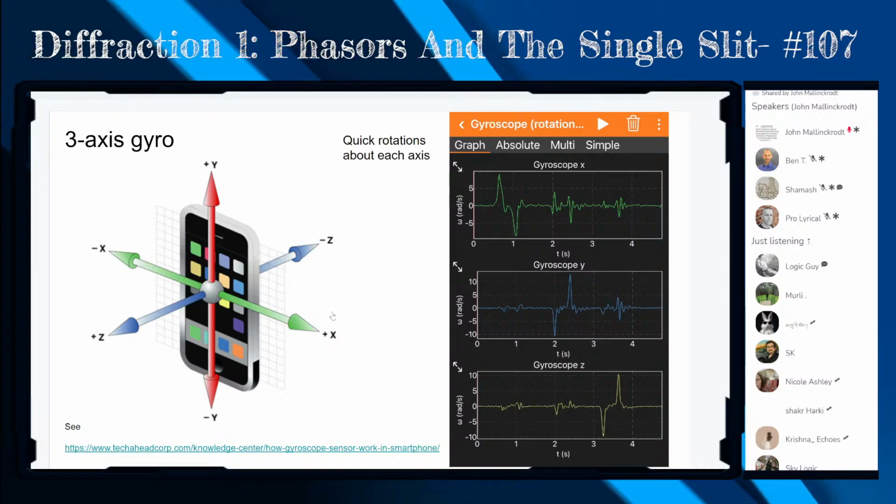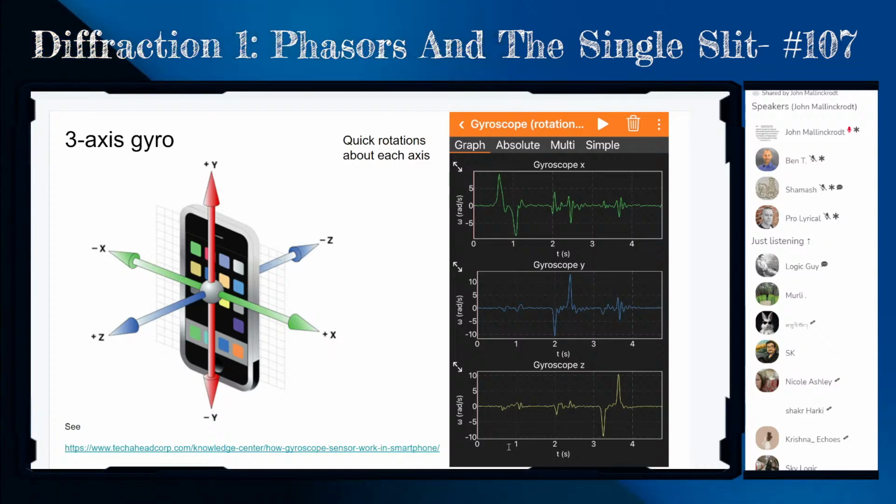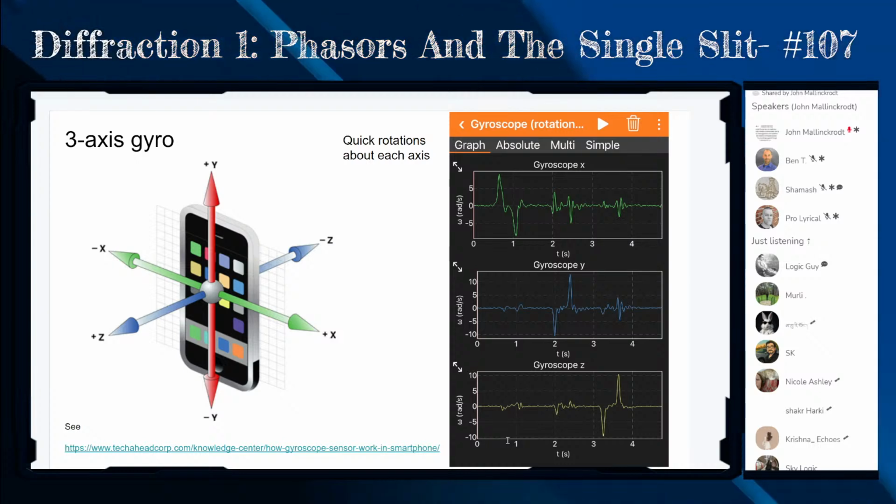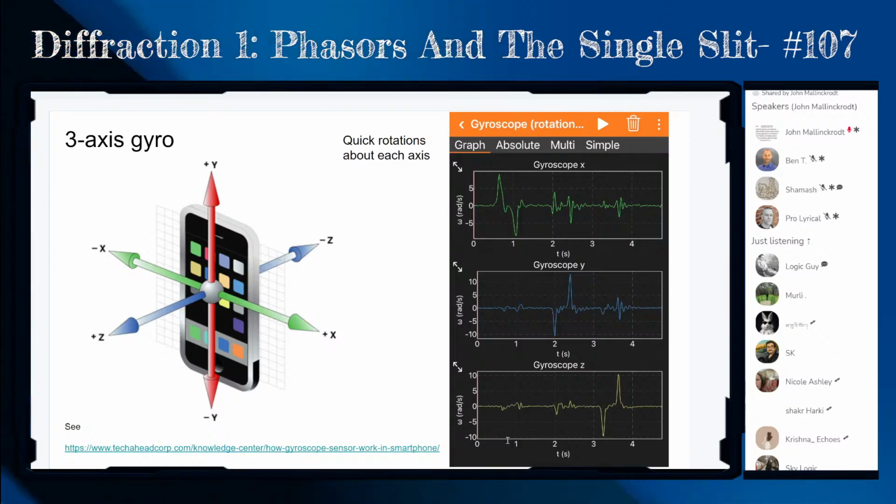Conventionally with smartphones of the typical configuration, the X and Y axes form the plane of the phone, and the Z axis is perpendicular to the plane, with the X axis passing through the short dimension and the Y axis passing through the longer dimension.